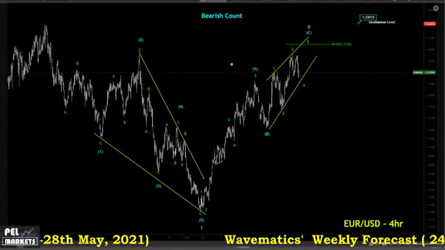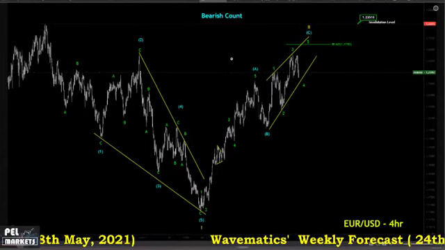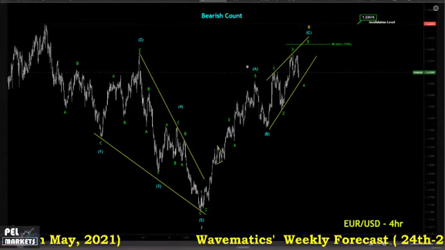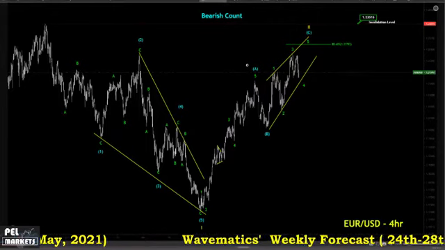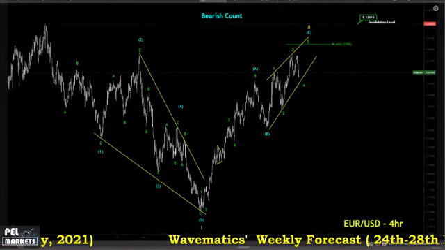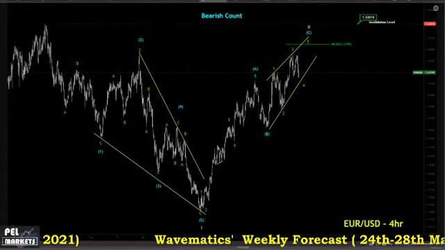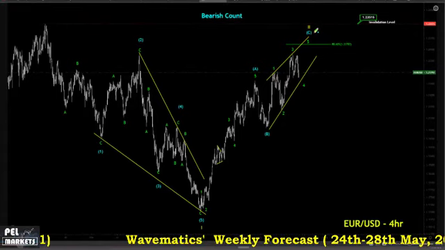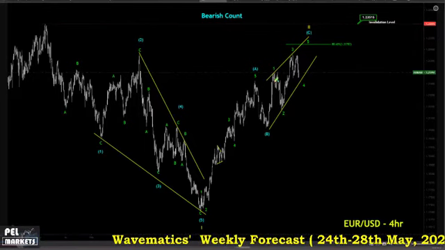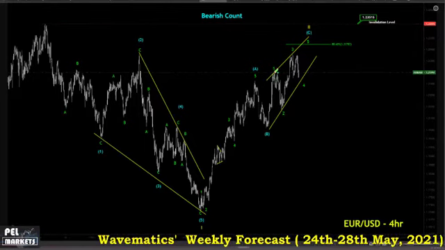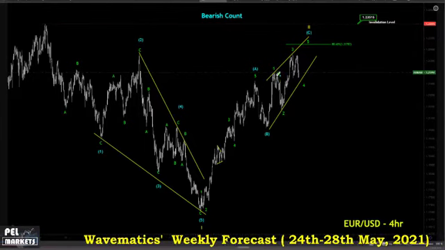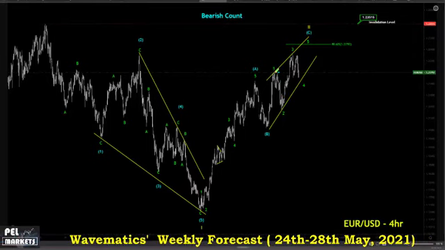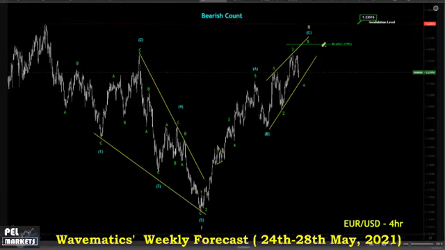Alternatively, on our bearish count, like we've been tracking this particular pair. I posted this. It was part of our analysis last week that there is a possibility that you should be looking forward to an ending diagonal for wave C. If you've forgotten, you can check that video. You can see that I drew these lines when we only had wave 1 and 2, that there is a possibility.